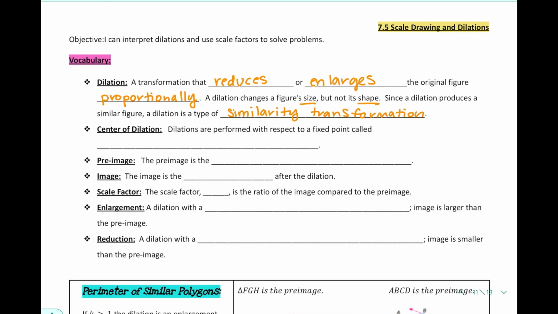The center of dilation. Dilations are performed with respect to a fixed point called the center of dilation. This is often the origin. At least in this class, you can dilate from other points, but oftentimes the origin is where we're dilating from. Pre-image. The pre-image is the figure before the dilation.